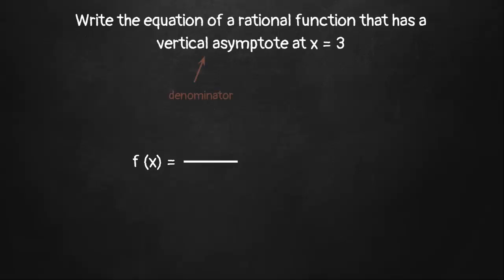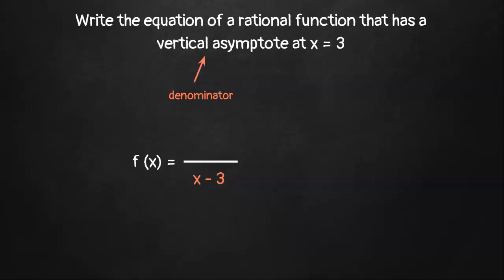With the vertical asymptote, you have to remember that we're looking specifically at the denominator. So I need to think about what expression would be in the denominator that when I set it equal to 0 would get me an answer of x equals 3. The easiest thing to think about is x minus 3.